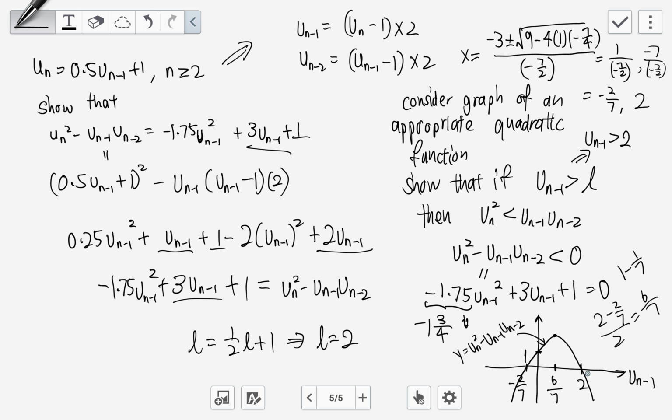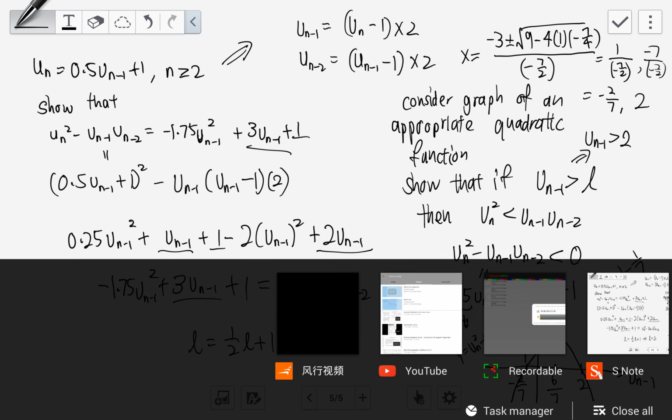And since we want when u_n minus 1 is greater than 2, we are looking at this part of the graph. This graph is smaller than 0, negative. Therefore we have proved graphically that this is indeed smaller than 0. So that's it for this question.